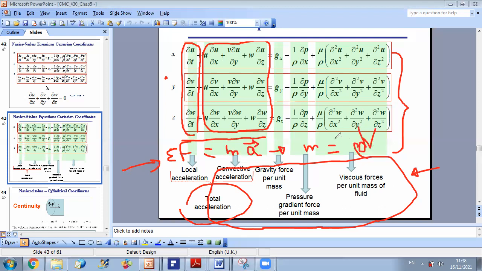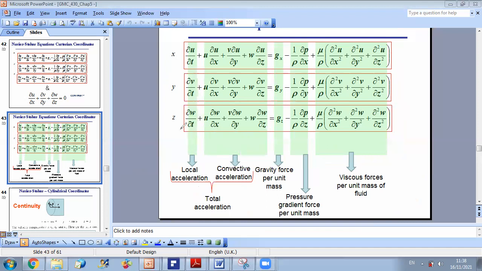This is why after simplifying rho and dv from all terms, we end up with a term with the unit of acceleration. Originally we started from forces, so the unit was Newton, but since we divided all terms by rho and dv, we end up with terms of a unit of acceleration. So this is the total acceleration that is divided into local and convective acceleration.